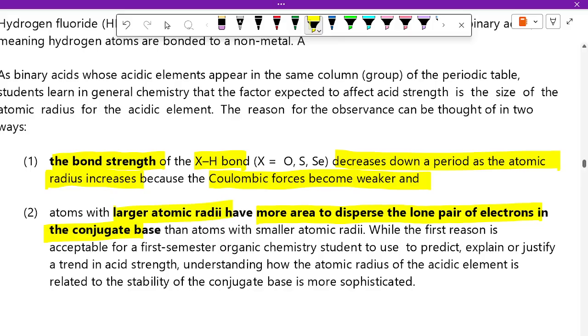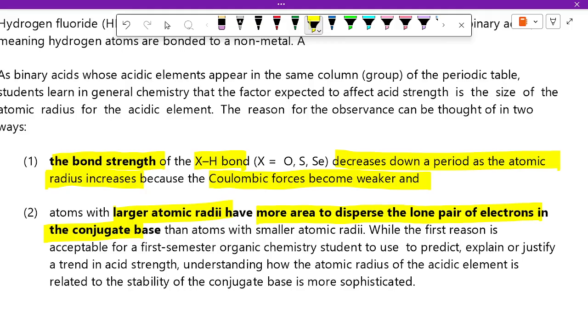And what this source said is, while the first reason, the bond strength, is acceptable for first semester organic chemistry students to use to predict, explain, or justify the trend in acid strength, understanding how atomic radius of the acidic element is related to the stability of the conjugate base is more sophisticated.